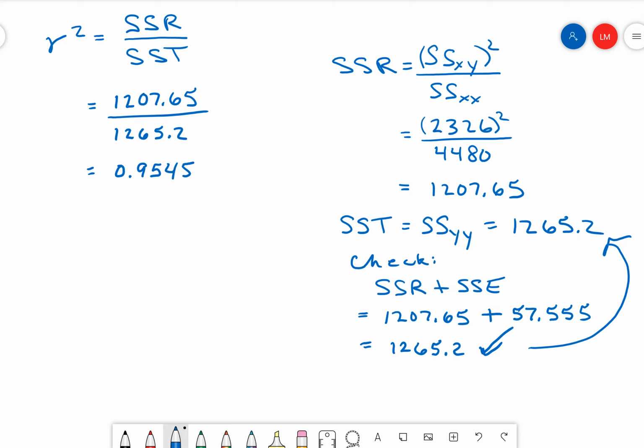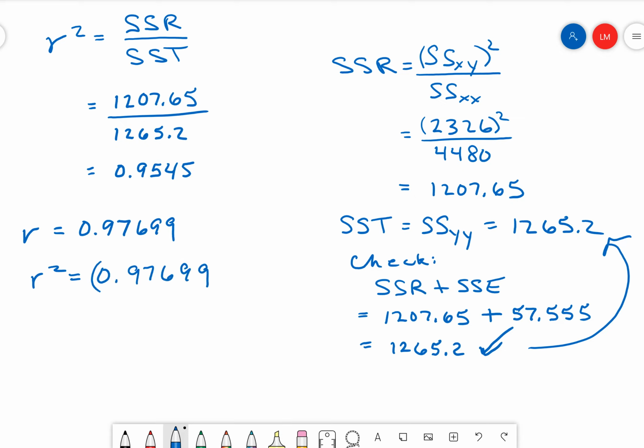Because we know what R is. R was calculated earlier as 0.97699, and we can square that. If we already know that value, we might as well just square it. But I wanted to show it both ways. So if we square that, let's check and see if we've done all our work properly.